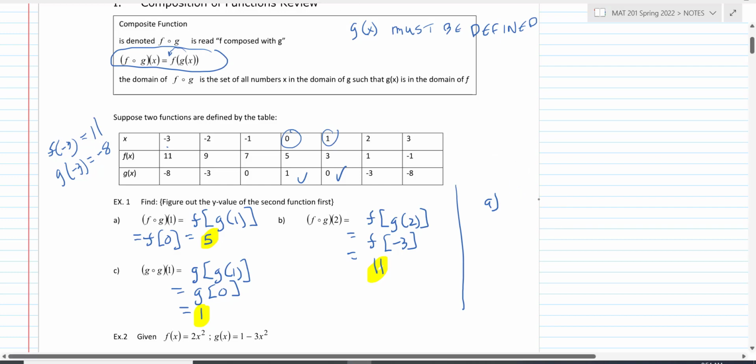Let's just do f composed of g of, let's say, 3. See what you get there. And then let's just do f composed of f of, let's say, I have to be careful when I make these up.